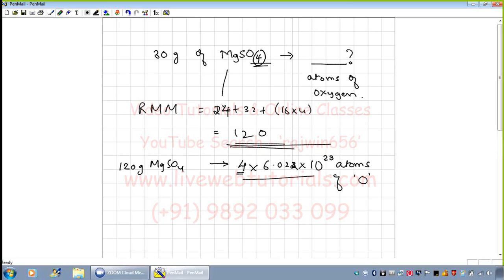So just wait, don't make the calculation right now, because we have not asked for 120 grams, we are asked for 30 grams. So you take this as X and then simply cross multiply it. 120 grams of MgSO4 will have so many atoms of oxygen, so 30 grams will have how much?